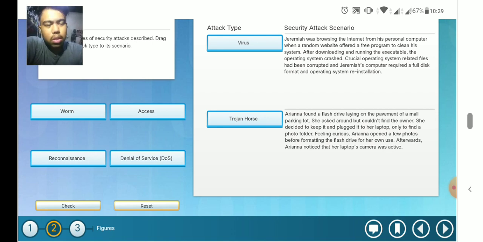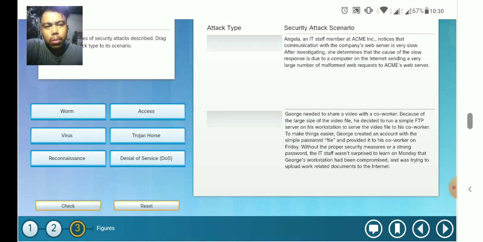Let's just say the attacker is coming from far away, and he or she can manipulate your data. Now imagine how dangerous that kind of attack is.